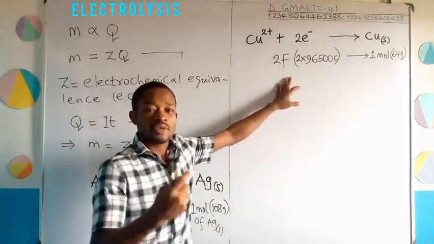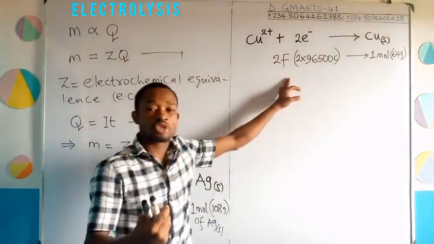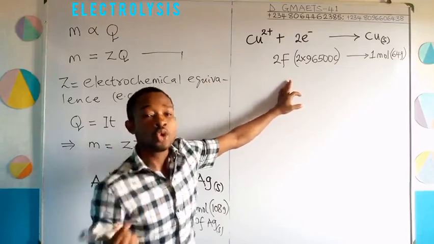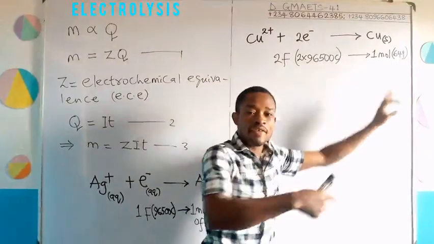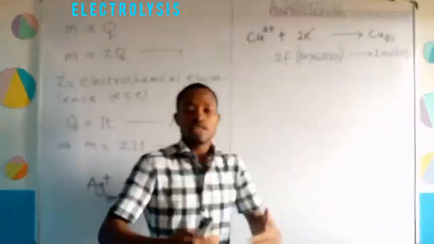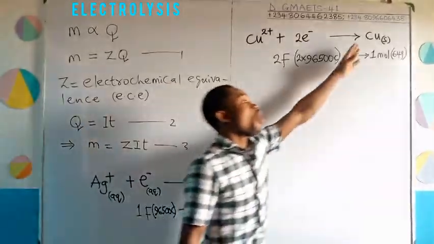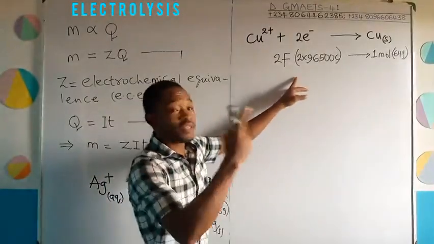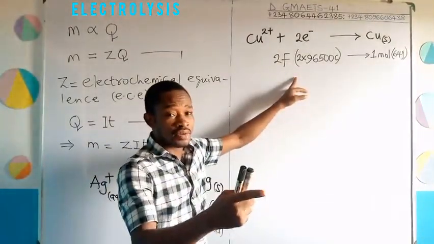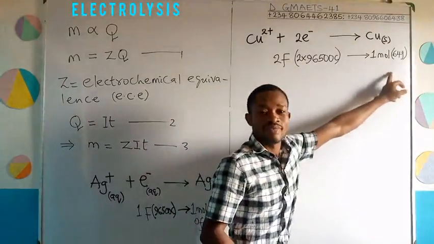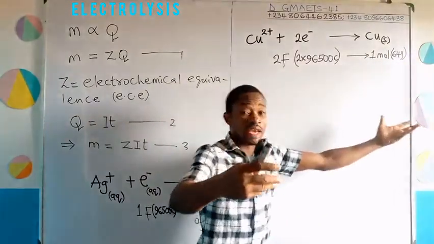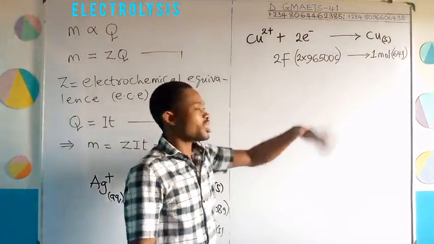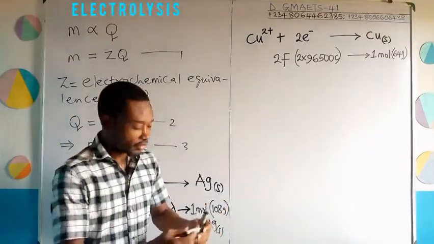What current would you need to pass through the electrolyte in that 1 hour to discharge, say, 30 grams of that metal? In that case, I times T, the time, 1 hour, which is 3,600 seconds, equals the mass given to you, 30, which means the unknown will be the current. Cross multiply and then you solve, you get your result.